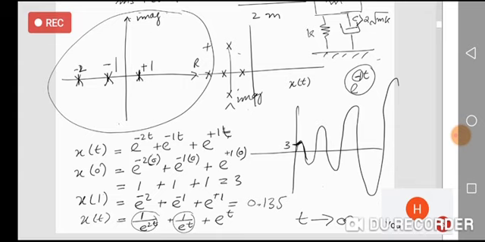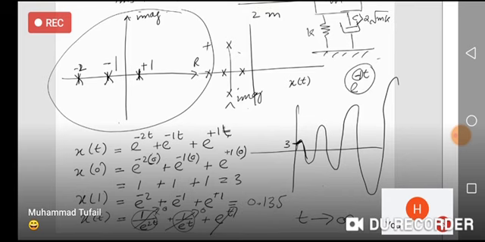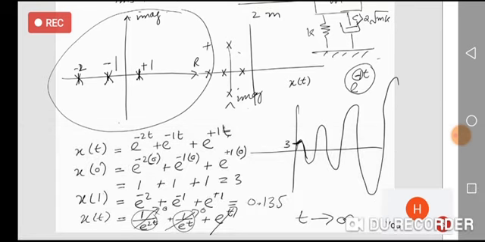They approach to 0. क्योंकि 1 over e raised to the power infinity को जा रहा है ना. So these values become smaller and smaller and smaller. यानी जो decay का effect है वो कम और कम और कम होता जा रहा है. जबकि जो growth का effect है वो t के increase के साथ बढ़ता जा रहा है. It is moving towards infinity.